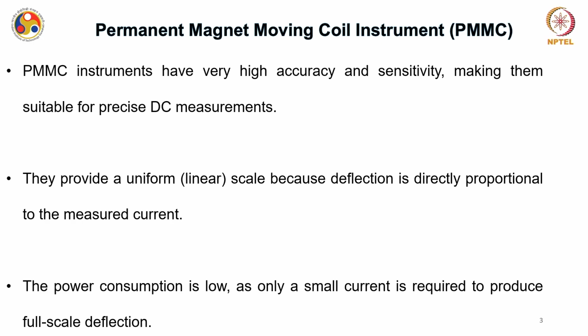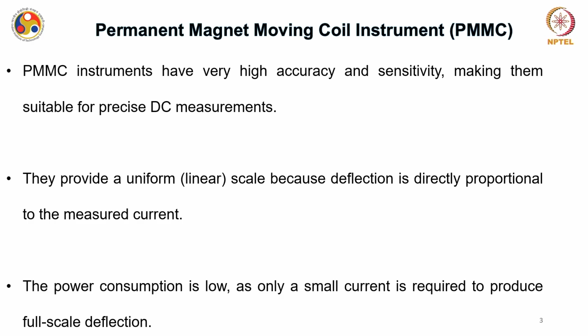These instruments have a uniform scale because deflection is directly proportional to the current causing it. So in all these PMMC cases, across a PMMC based ammeter or voltmeter, the scale is mostly linear.